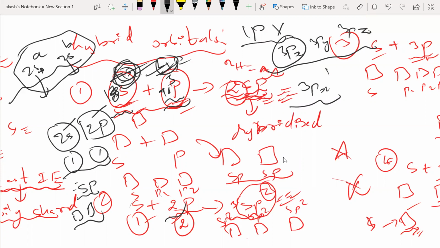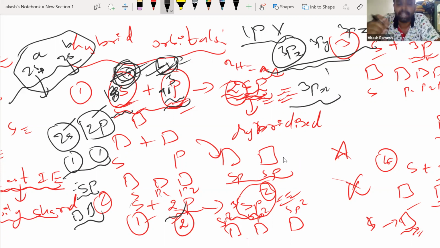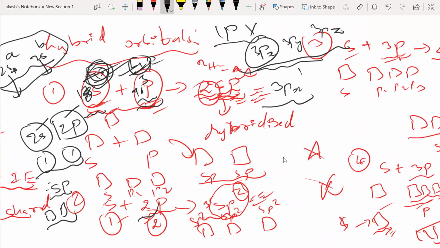Yes, sir. Okay, hope you understand, I can take the orbitals from the same subshell. I cannot take two different atoms, two different subshells, and two different p orbitals. I cannot mix them like that. Anyways, if you see more examples, you'll get more clarity.